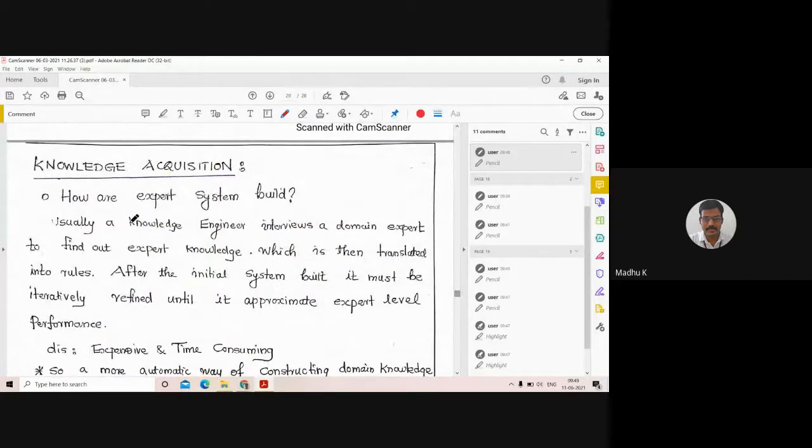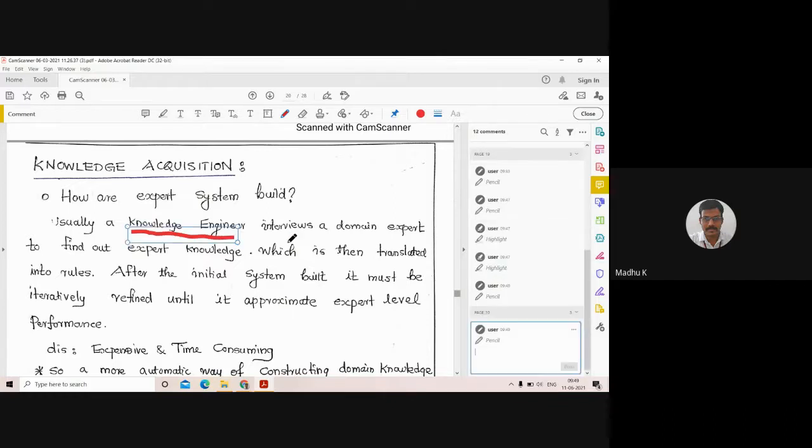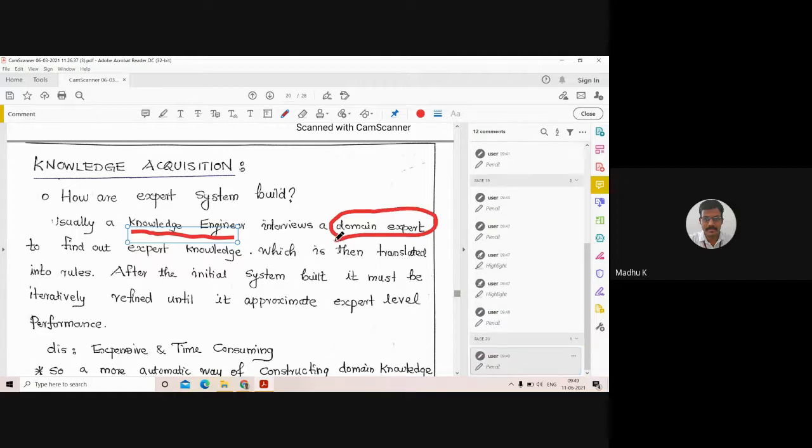How are expert systems built? What is our approach? Usually a knowledge engineer interviews a domain expert, for example a doctor, to find out the expert knowledge, which is then translated into rules using some components.